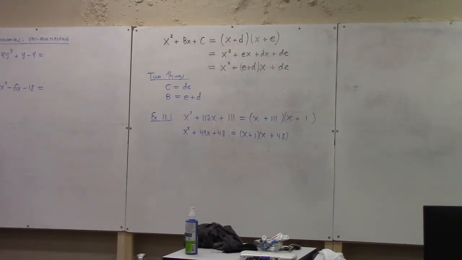Exercise 11. Here we have t squared minus 11t plus 24. Factor that completely over the reals. Exercise 12, we've got 3y squared minus 12y plus 12.